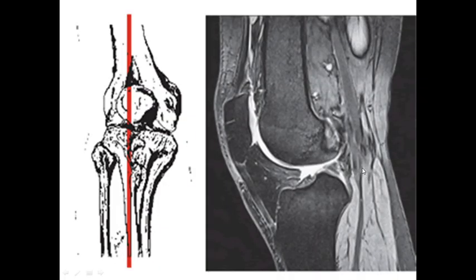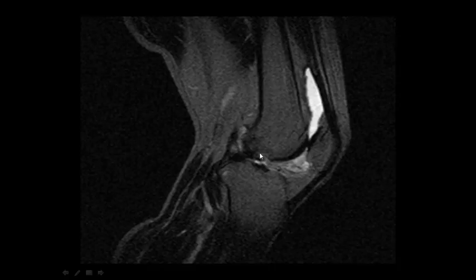And very important methods, MRI and CT scan, can detect not only dense tissues like bones and cartilage, but also can give us information about the muscles, about the ligaments.